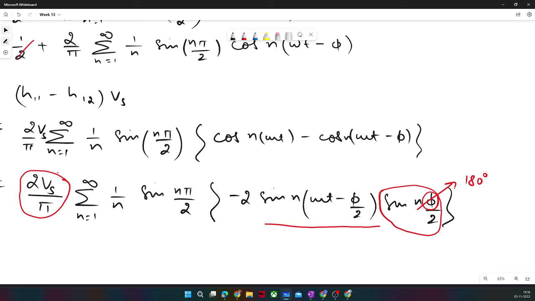So you will get the magnitude of 2 Vs by pi, which would be maximum for the case of single phase inverter. So we are shifting the phase of B such that we can achieve control on the fundamental component of the voltage.